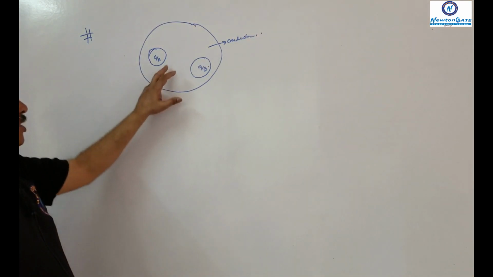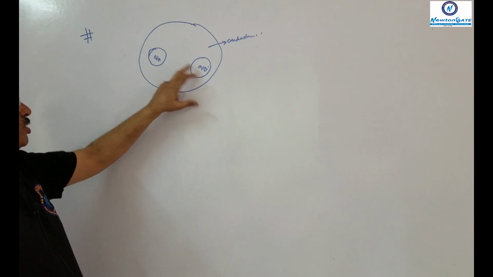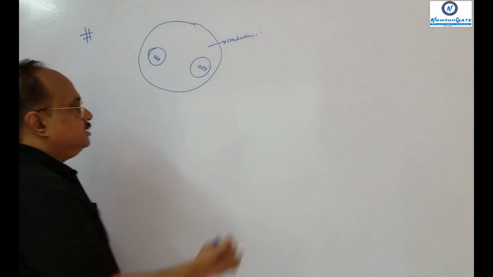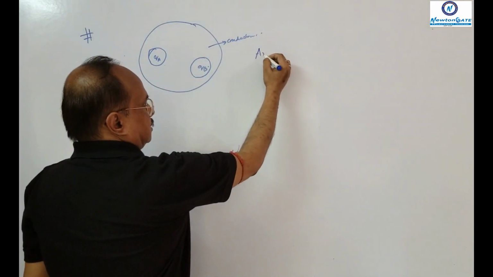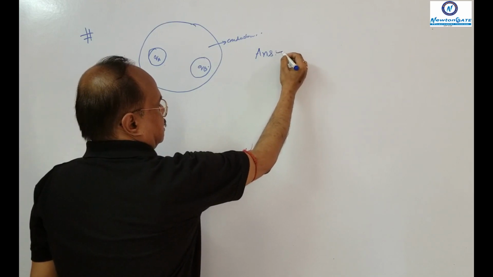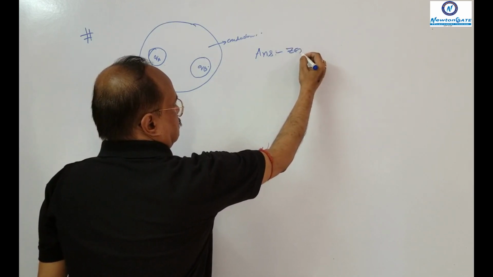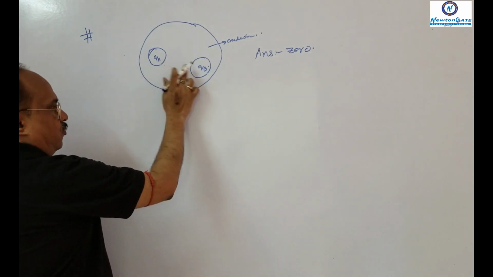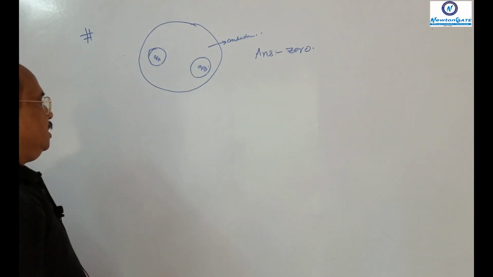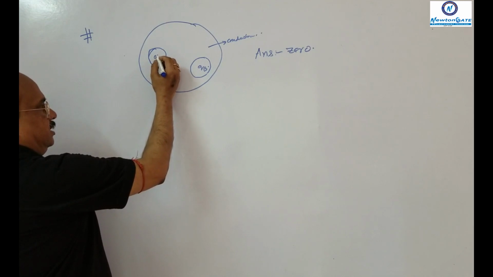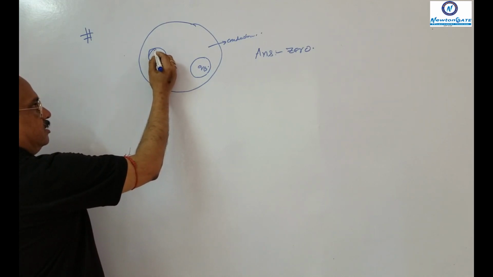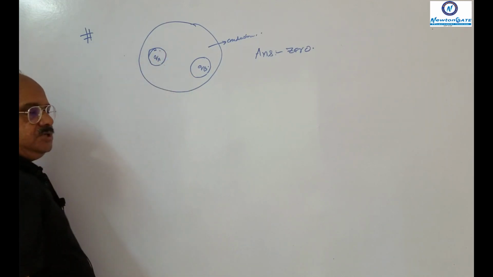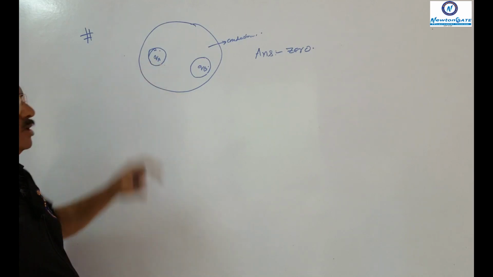Now the question is what is the force of attraction or repulsion between these two charges? The answer to this is 0, because there is no electric force between these two charges. Suppose this is a positive charge, positive Q here.